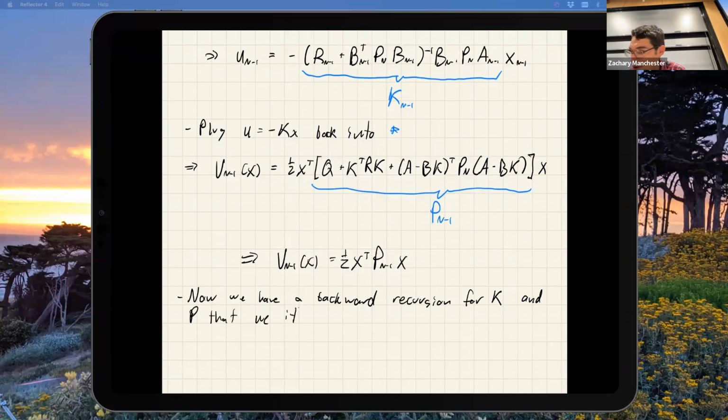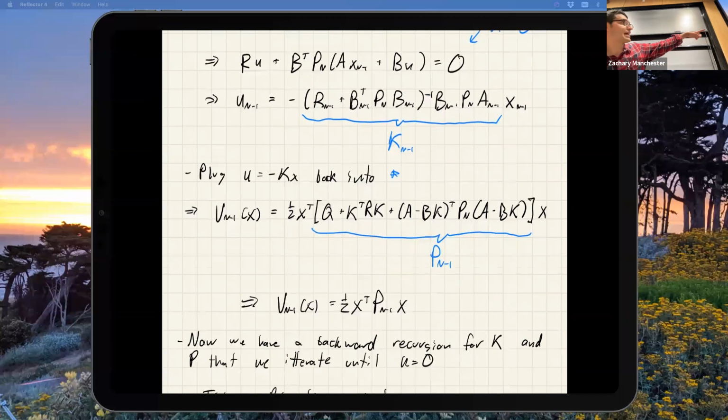So in general, we'll iterate this backwards until k equals 0. And this is the Riccati equation again. It is a little bit different. The K equation is exactly the same as the one we got last time for Riccati. The P equation is a little bit different.